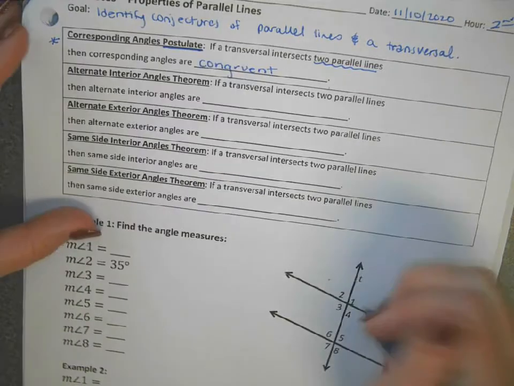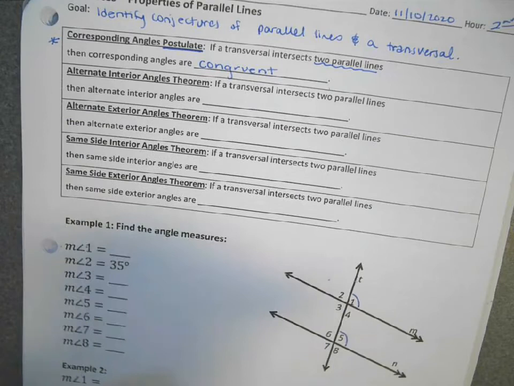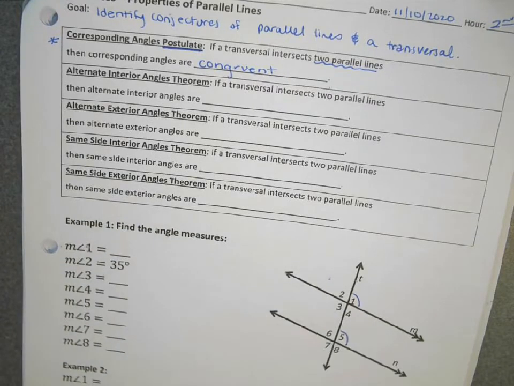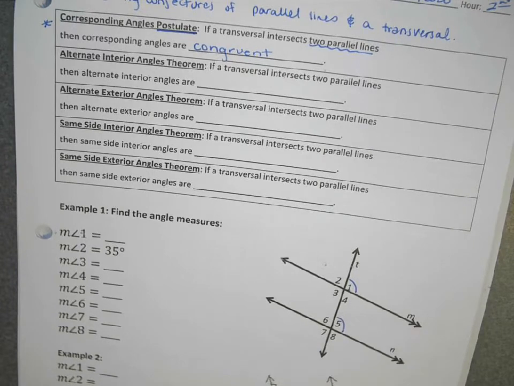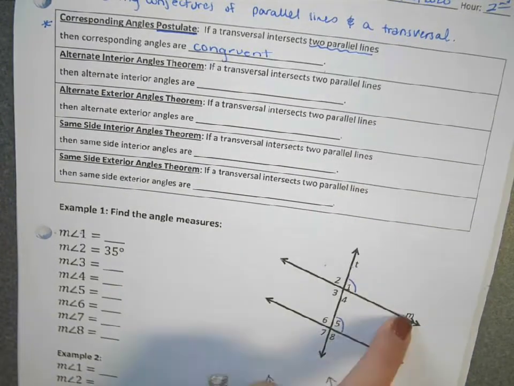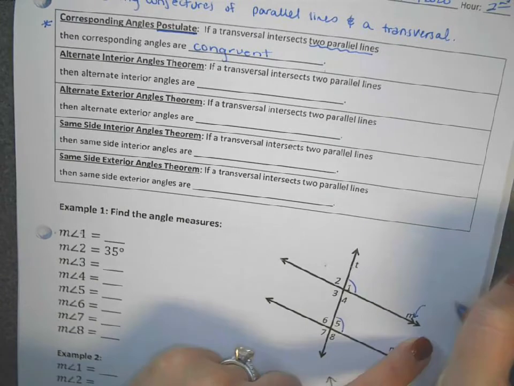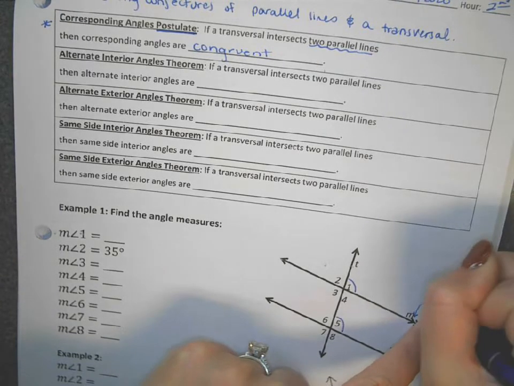So since 1 and 5 are corresponding and 1 is congruent to 5 here, we know that because M and N are parallel. See how they're marked parallel here? See the parallel marks? That extra arrow mark means that they are parallel.